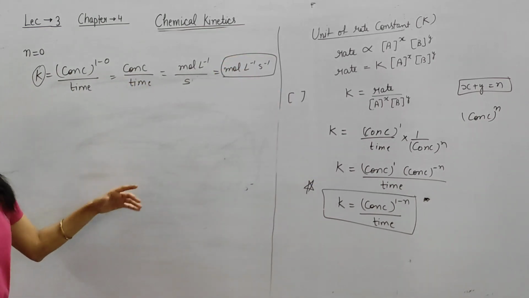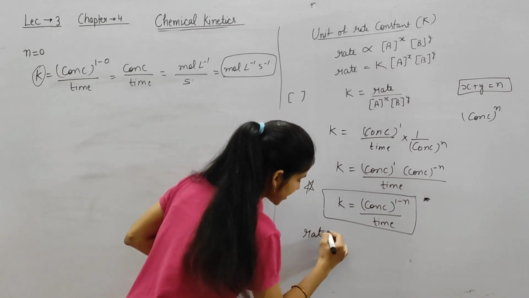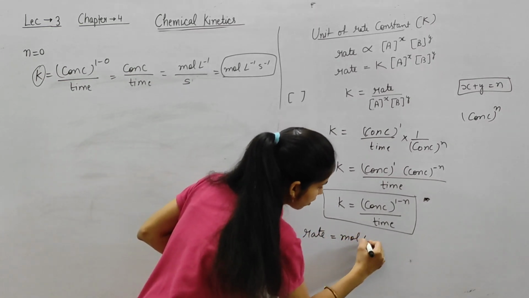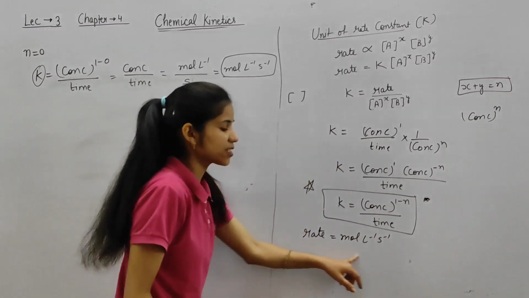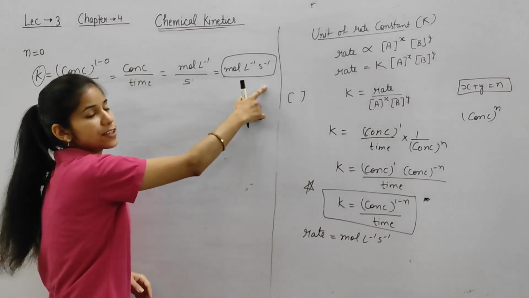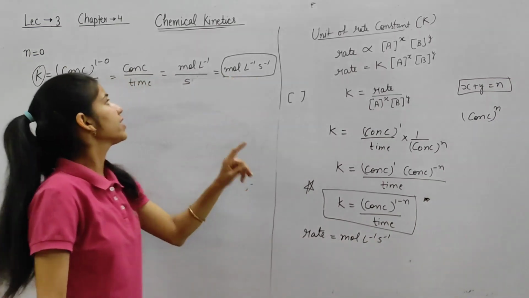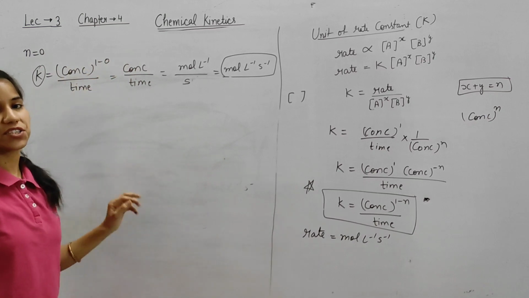And from this expression, the unit of rate is also mole per liter per second. This is the unit of rate, and this is also the unit for rate constant.